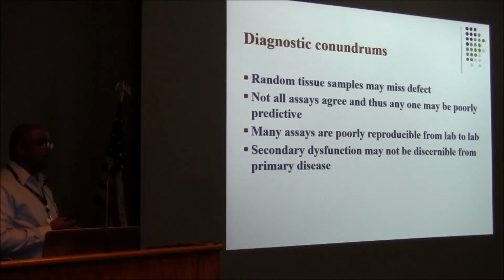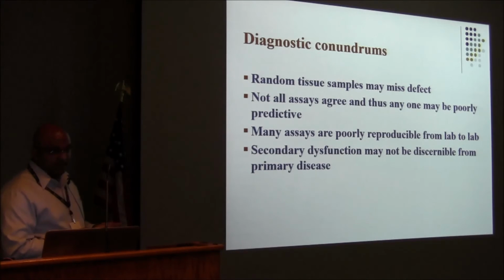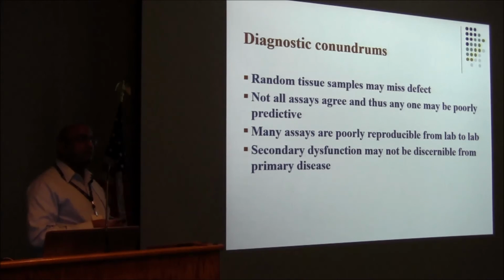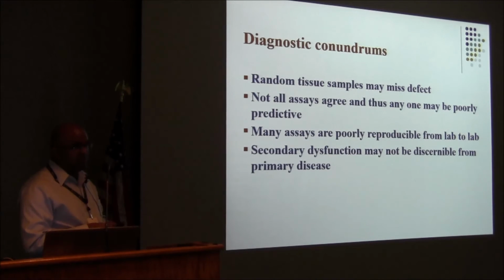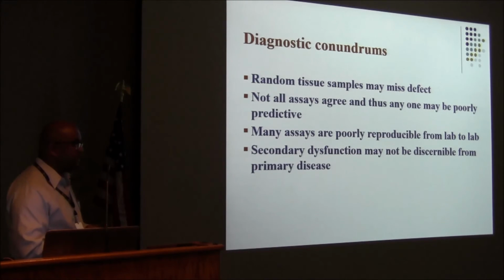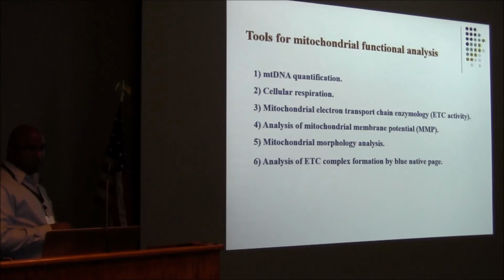You can't have one lab do a particular test and then compare it with another lab. The overall result will be the same, but if you are looking at the numbers, they are going to vary quite a bit. And it's near impossible to distinguish between a primary and a secondary defect.